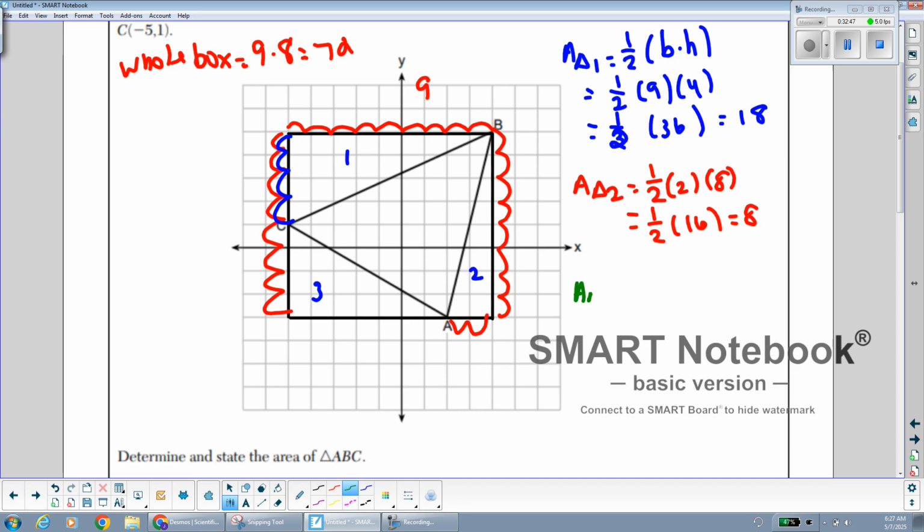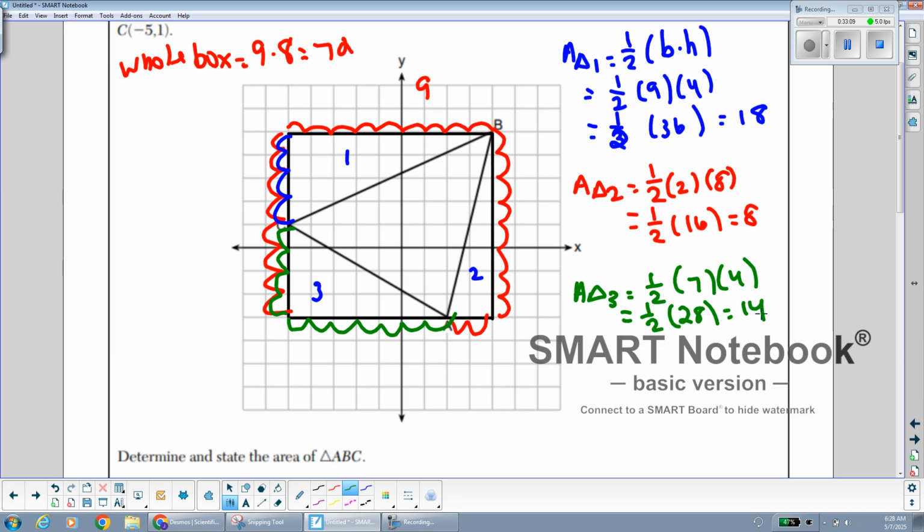And then finally, we have the area of triangle 3, which is 1/2 base times height. 1, 2, 3, 4, 5, 6, 7. 1, 2, 3, 4. So that is half of 28, which is 14.